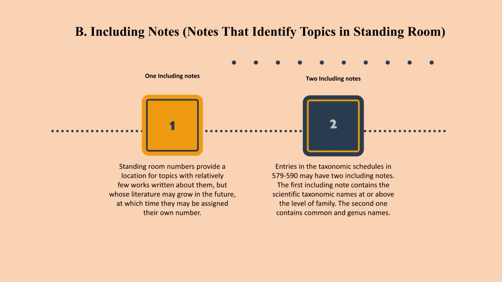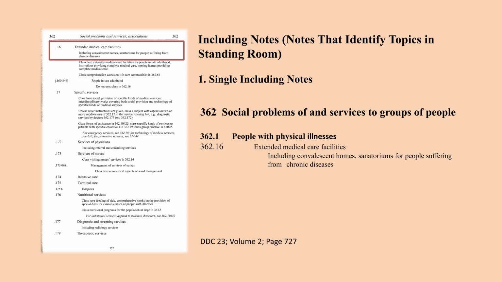So, for an example of a single including note, we have to go to page number 727 of volume 2, where we will get 362, that is social problems and services of groups of people. Under it, 362.1, people with physical illness.